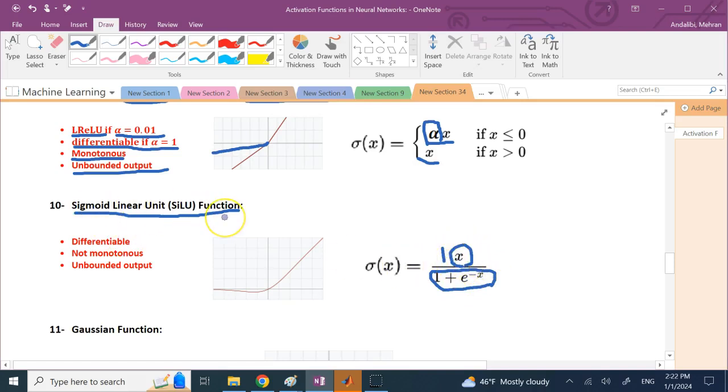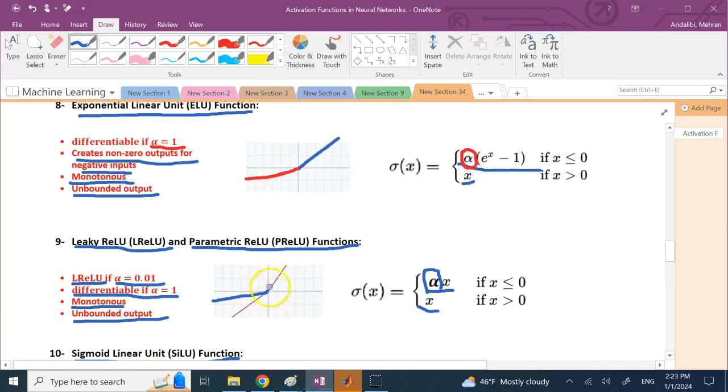So we call it sigmoid linear function. It is differentiable. It's not monotonic. As you can see, it goes down, then goes up. It's unbounded, but of course it's differentiable. That's an advantage. And it does create non-zero outputs for negatives. The good thing about it, though, is that at least for the negative side, it's bounded. So unbounded on one side, but bounded on the other side.